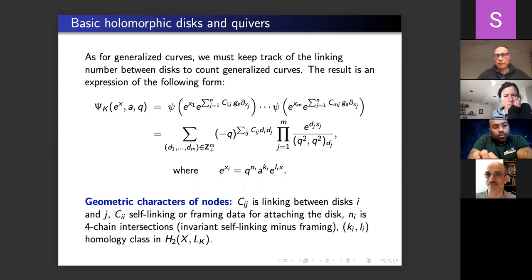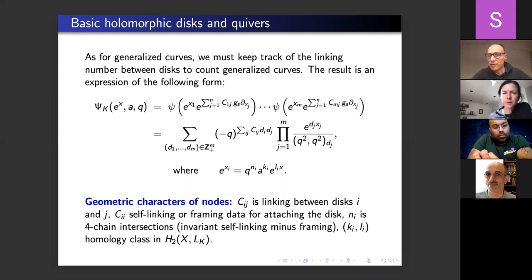The first line is actually an interesting observation: if you take coordinates e to the x1, e to the xm for the various disks, and you introduce a dual variable e to the gs d/dx, then you can write the partition function as a standard product of quantum logarithms in non-commutative variables.